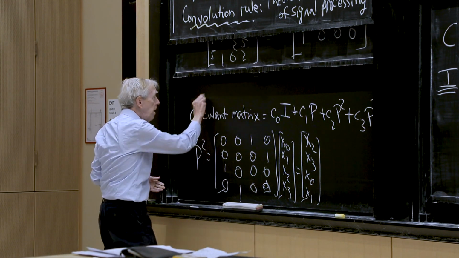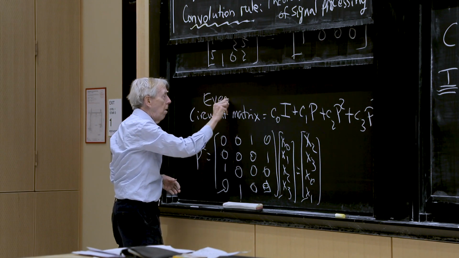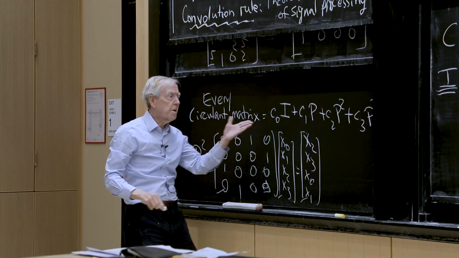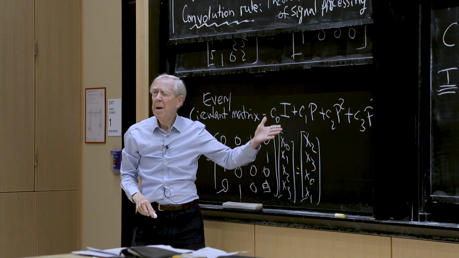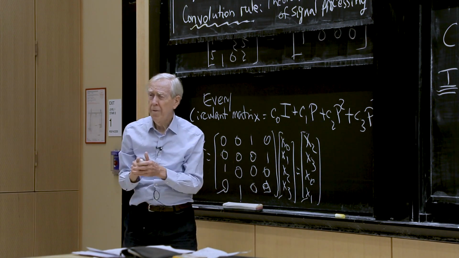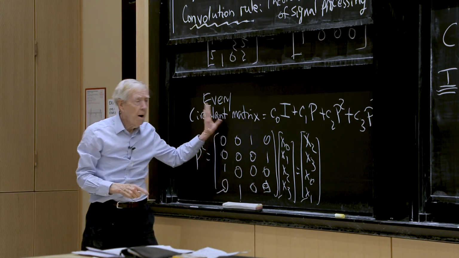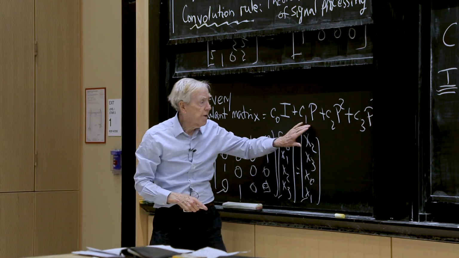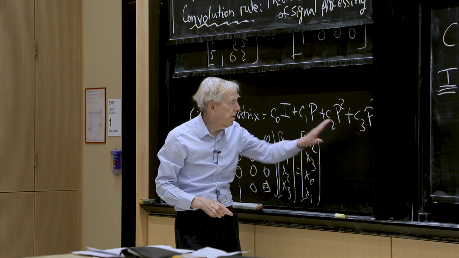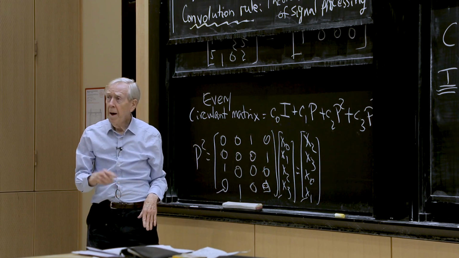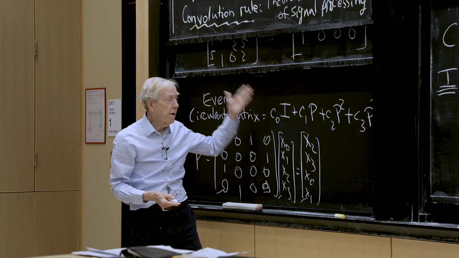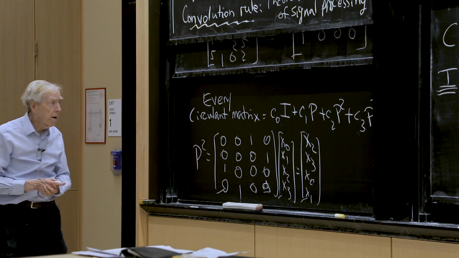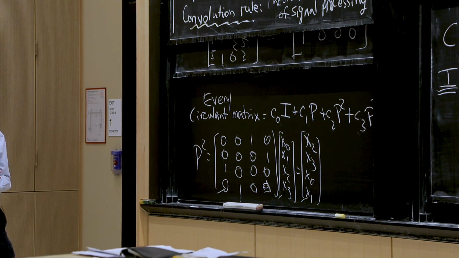So every circulant matrix is a polynomial in P, in a single shift. This is any combination of shifts. This is a single shift, that's a double shift, that's a triple shift, that's a 0 shift. And if I take combinations, I get a circulant matrix.